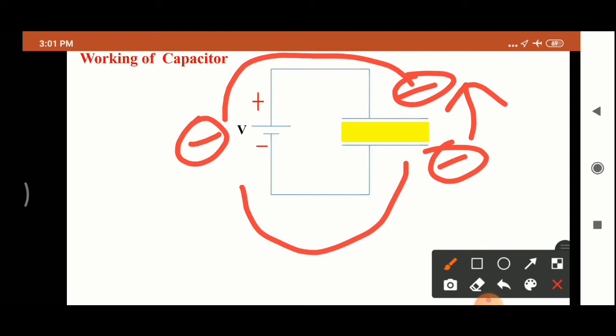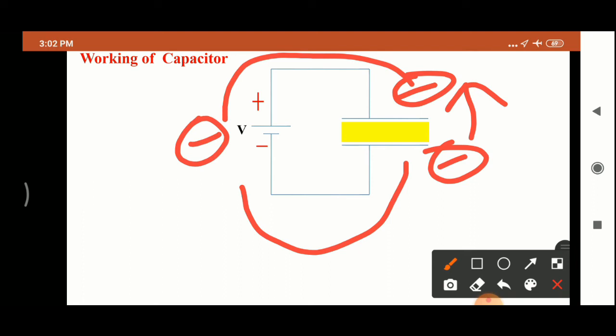When we apply this voltage across the capacitor, negative electrons from the upper plate are attracted towards the positive terminal of the battery, and from the negative terminal of the battery they move towards the bottom plate. Because of the dielectric material, they cannot move towards the upper plate. They are collected at the bottom plate of the capacitor.